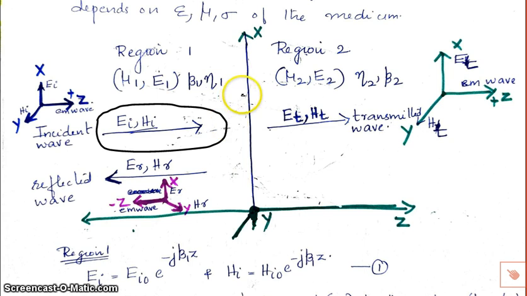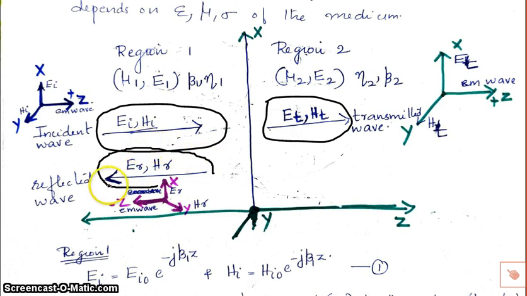This is your transmitted wave in region 2, and the subscript t represents the transmitted wave. And again in region 1 you can see an arrow in the opposite direction to that of the incident wave, which represents your reflected wave, marked Er for the electric field and Hr for the magnetic field. R represents the reflected wave.